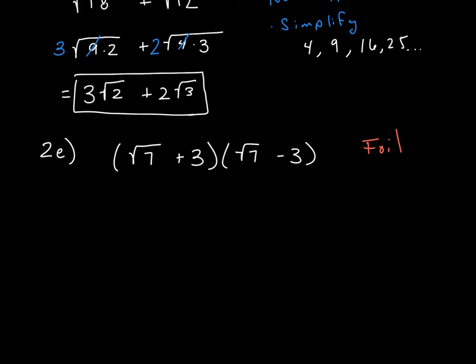Go through and multiply this. 7 times the square root of 7. Both of those 7s are underneath the radical. So that just becomes the square root of 49.